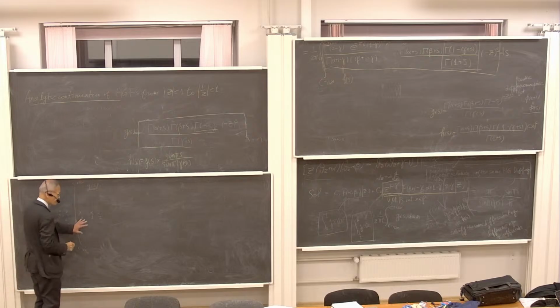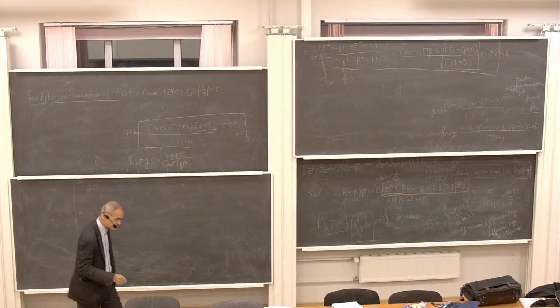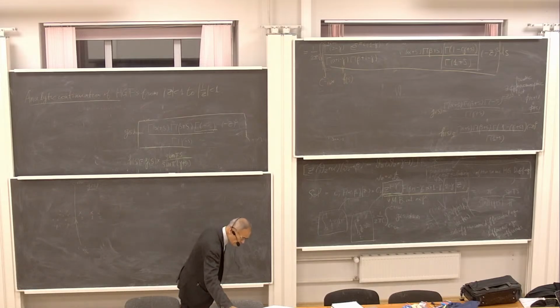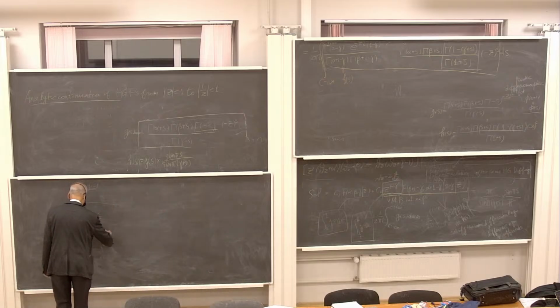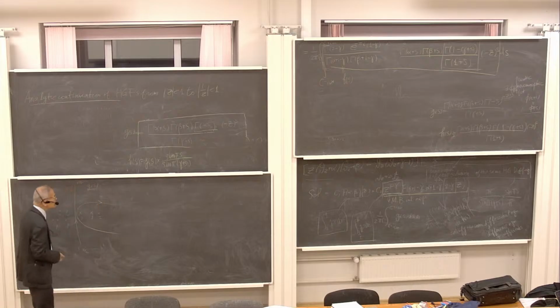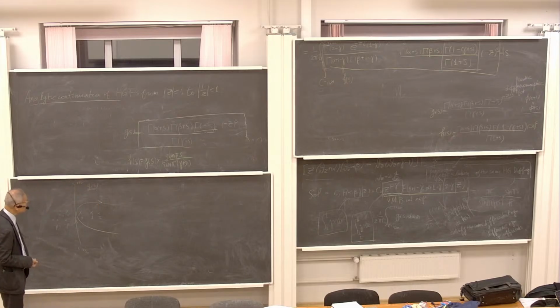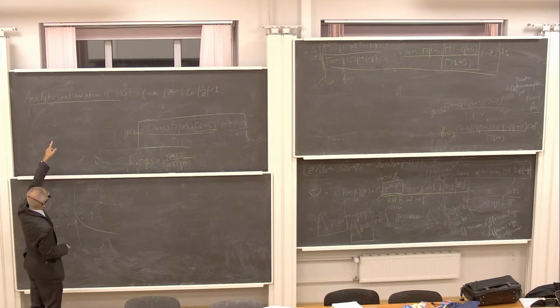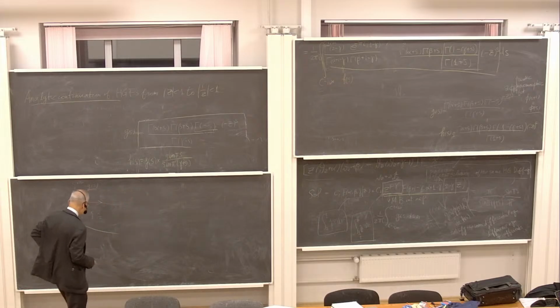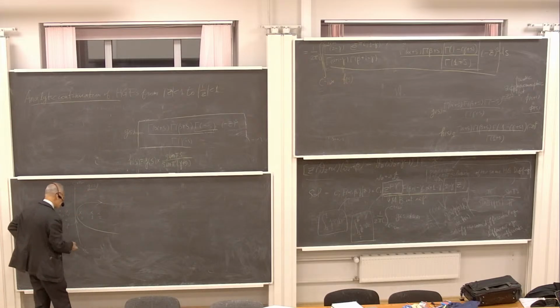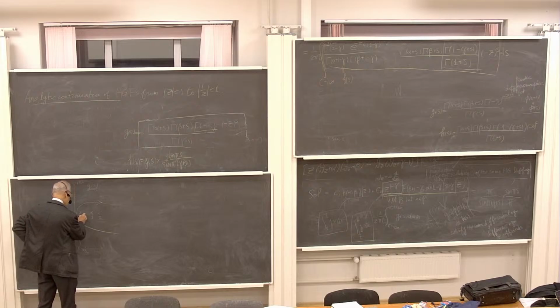The integration path goes like this, and first we get a series expansion around z equals 0, in the neighborhood of 0, gathering these residues.